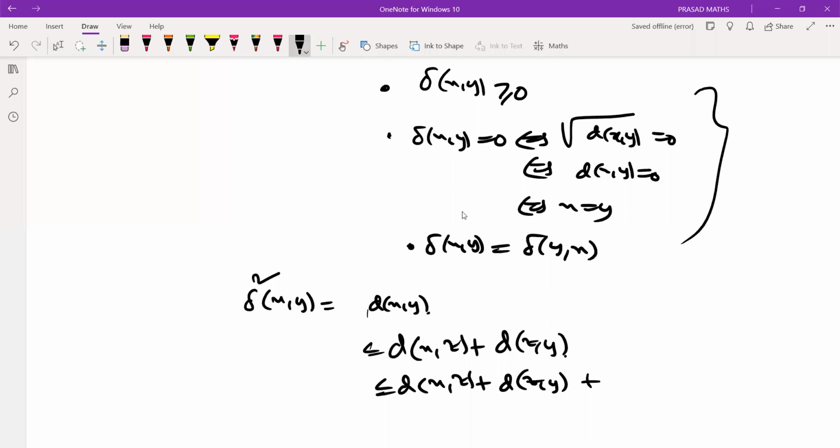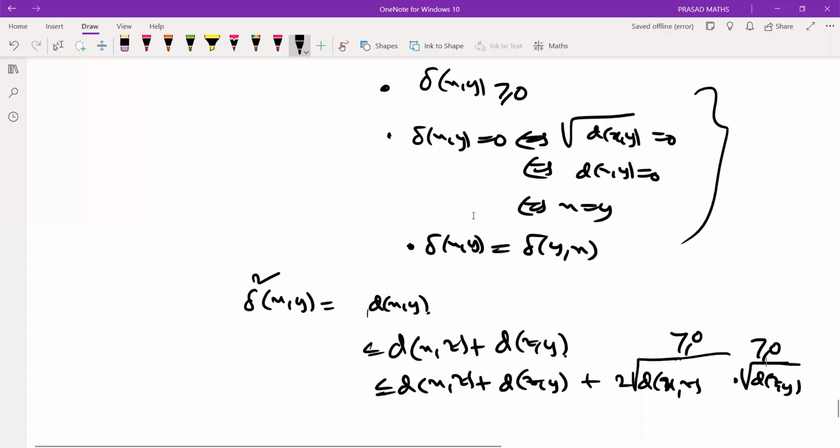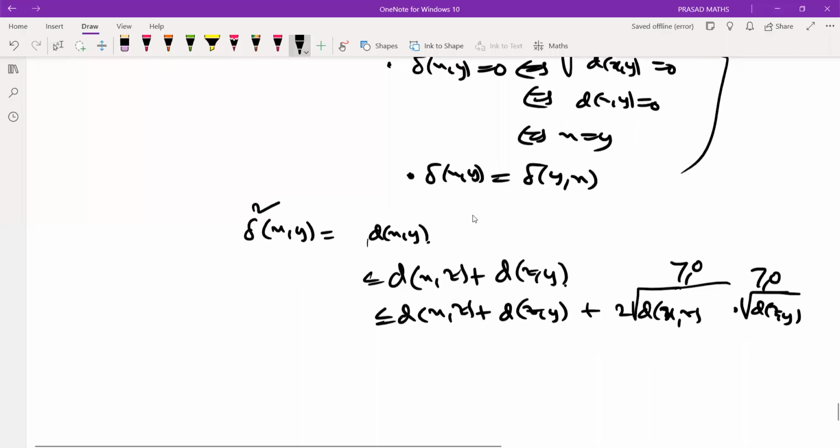దీన్ని ఇట్లా రాయొచ్చా? x comma z ఇంటూ z comma y. ఎందుకు రాయొచ్చు? ఇది నాన్ నెగిటివ్ టర్మ్ యాడ్ చేస్తాను, నథింగ్ రాంగ్ కదా. దీన్ని ఇట్లా రాయొచ్చు.